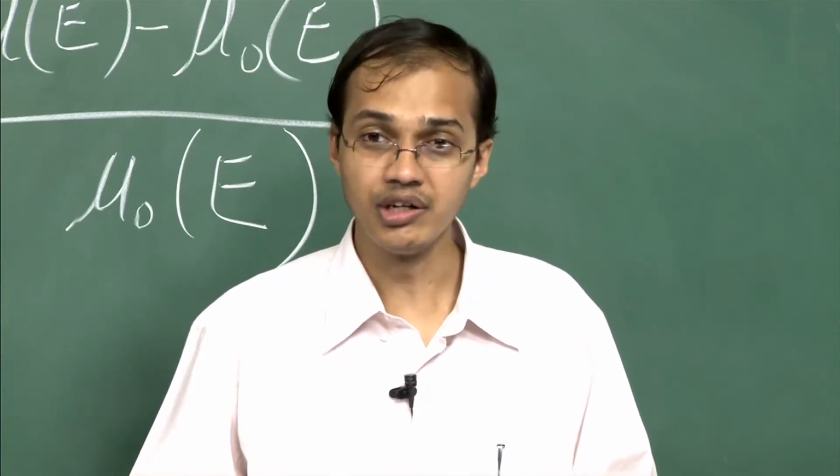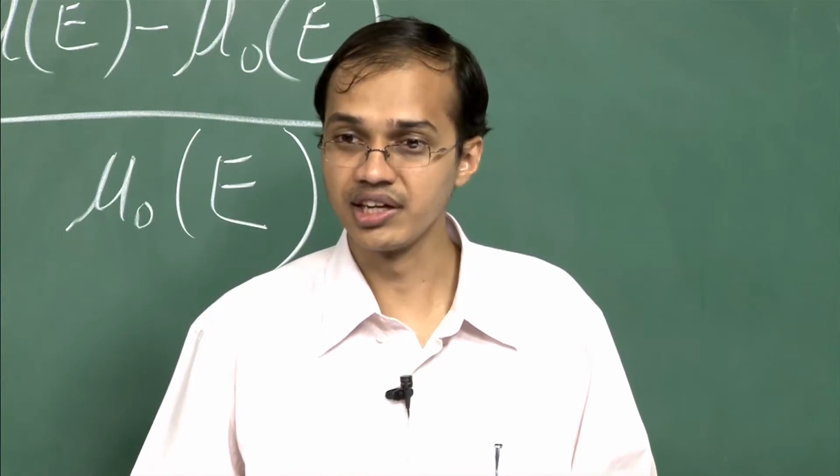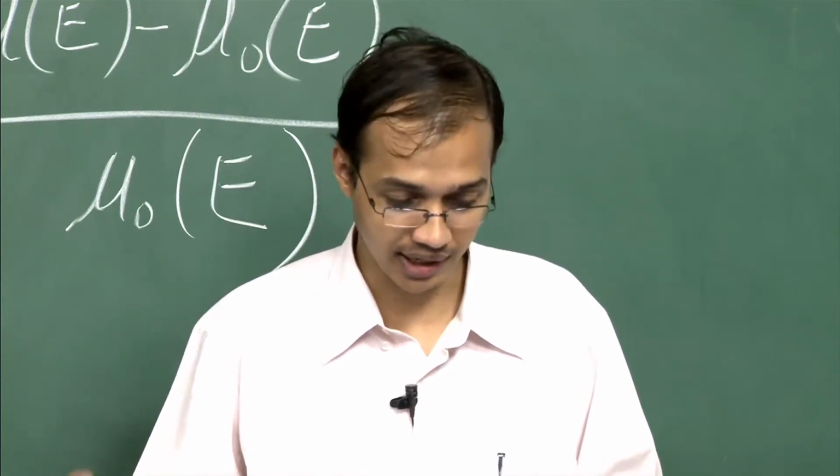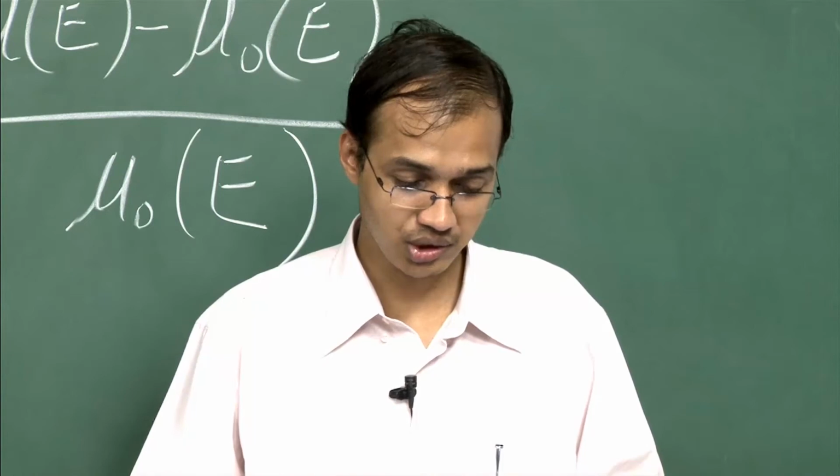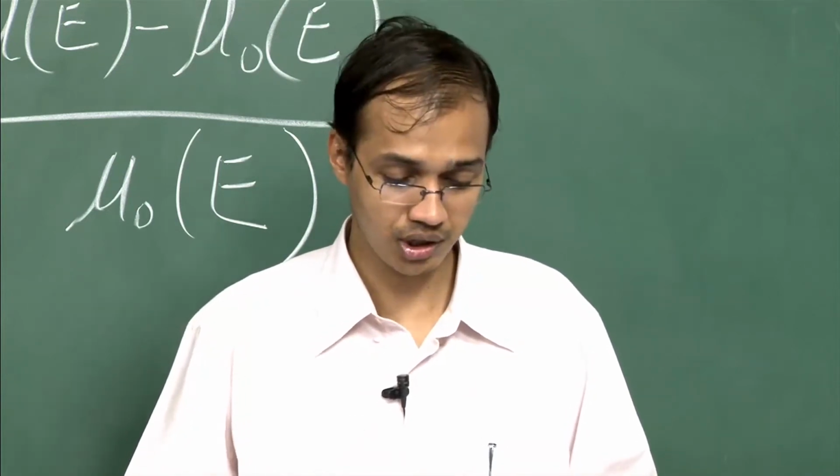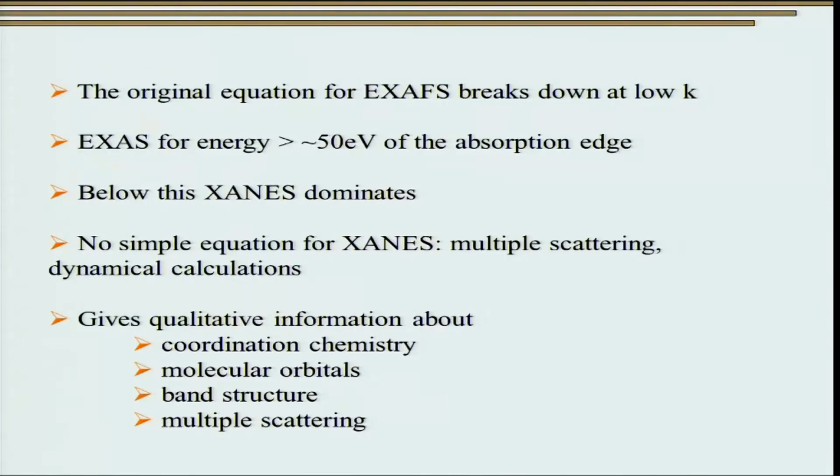However, quantitative analysis of this technique has not been developed to date. However, XANES gives a lot of qualitative information about the coordination chemistry, molecular orbitals, band structure, as well as various multiple scattering events that can occur in a material.